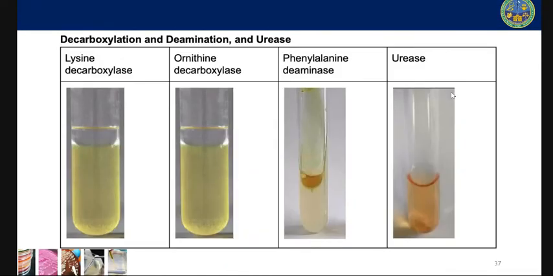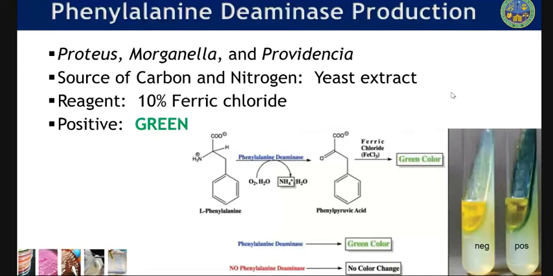So again, please do note in your review: substrate, enzyme, byproducts, the reagents plus the active component of your reagents, and then the positive color reaction. So that will be a way to better review your different biochemical reactions.